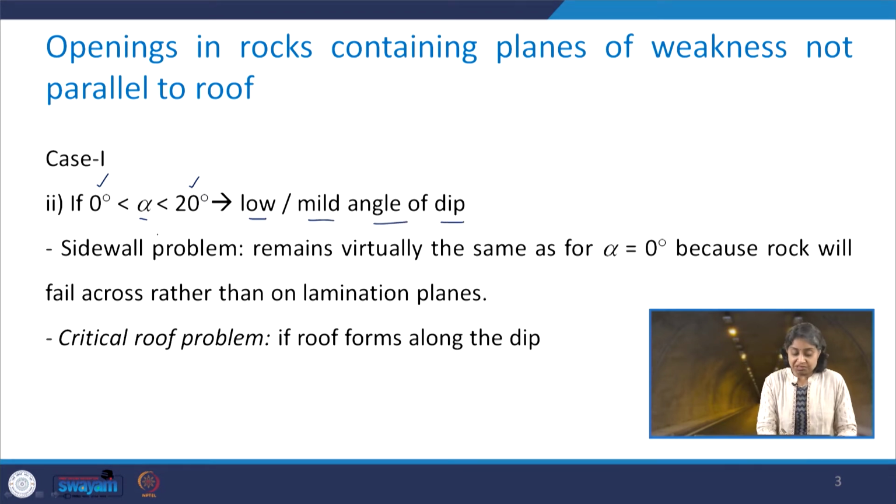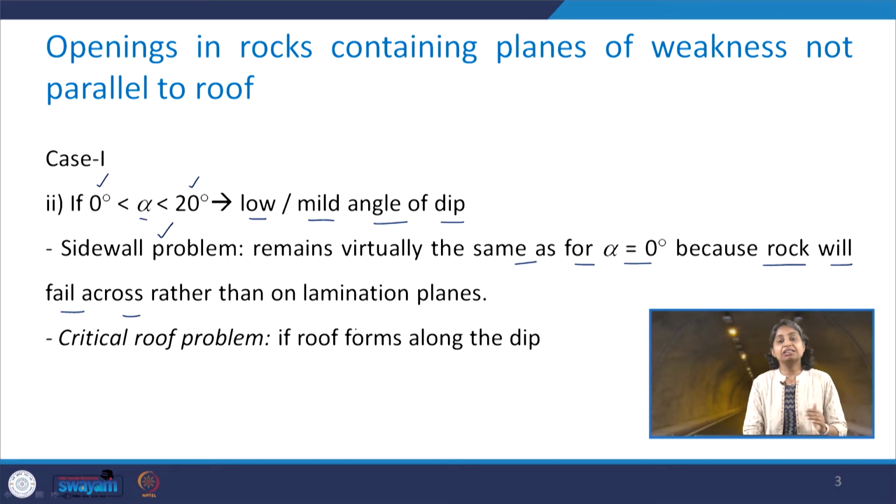What happens to the side wall? The side walls remain virtually the same as for alpha equal to 0 degree, because in this case the rock will fail across rather than on the lamination planes. So, basically in this case the critical roof problem is going to be when the roof forms along the dip.